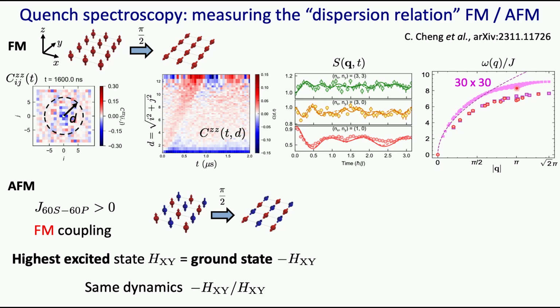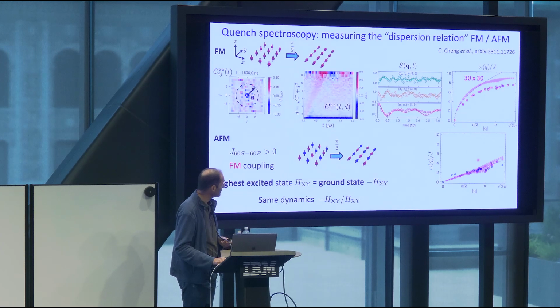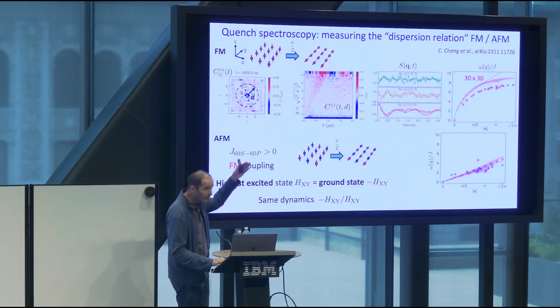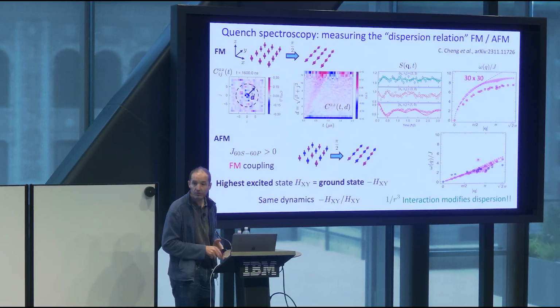We do exactly the same procedure as what we did in the ferromagnetic case. And when we do that, we observe that indeed there is no longer a square root of Q behavior, but something which is nearly linear as a function of Q. This is the proof that this dispersion relation, because of this comparative measurement, does depend on the fact that there is a 1 over r cube interaction.